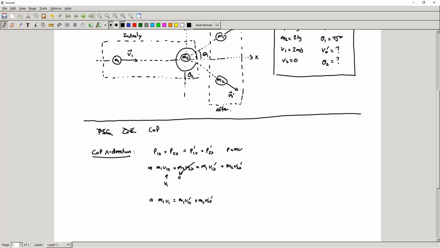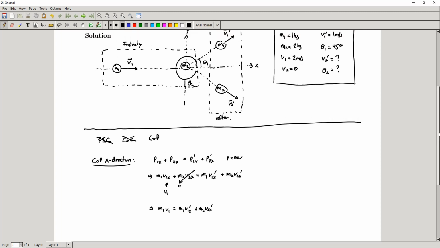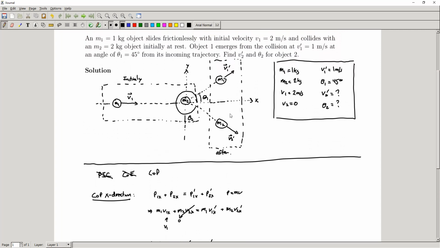Except that we know that we can break up our after states, these two vectors v1 prime and v2 prime, which point in the not x and y directions. We can break them up into their x and y components, right? Remember, we can just break these up into a v1x prime and a v1y prime.